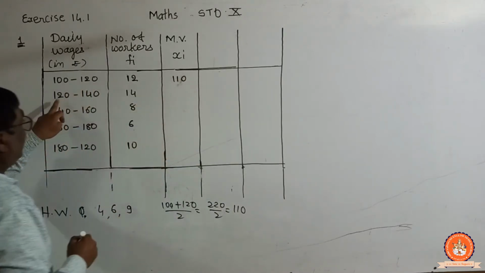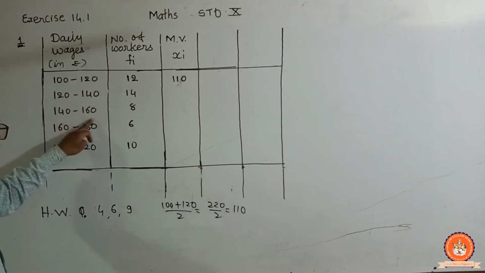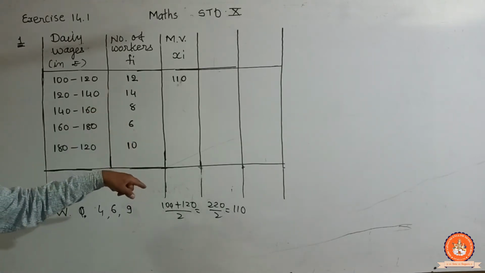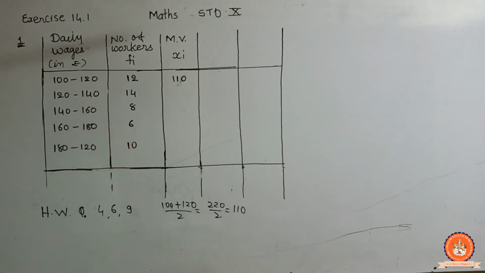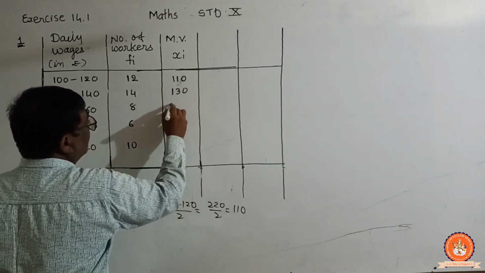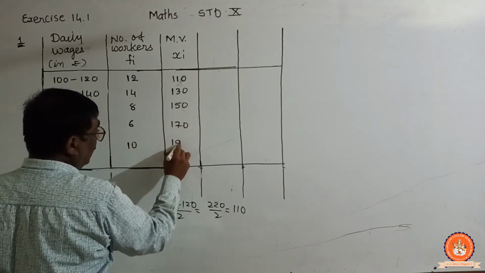So between 120 and 140, there is a class length of 20 every time. So you go on adding 20 every time to the first mid value, and you get the consecutive mid values. That is 130, 150, 170 and 190.